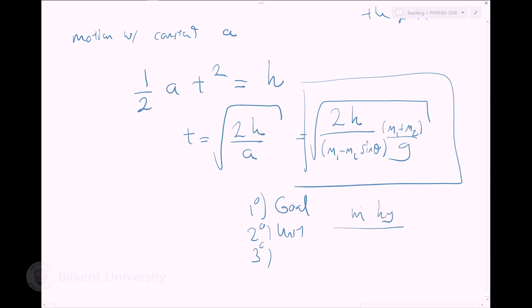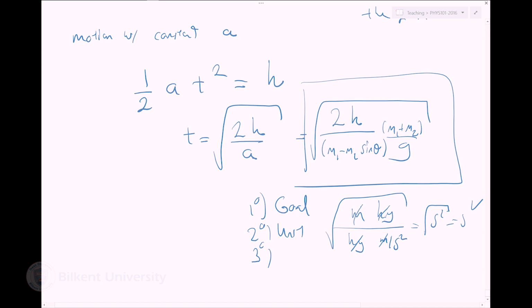Kilograms. What's the unit for sine theta? It's unitless, it's just a number. So m1 minus m2 sine theta is kilograms. How about g? Meters per second square. And I have a square root. Kilograms cancel, meters cancel. It's the square root of second square. So unit wise we are all right.